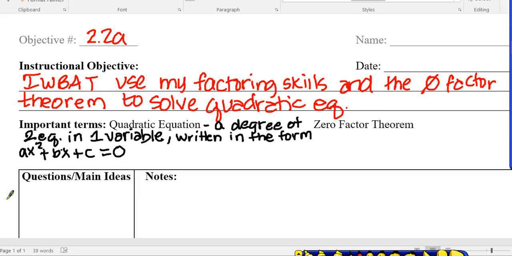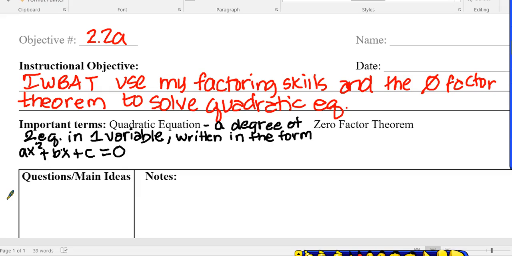We call that the standard form of a quadratic equation. Okay. All right.